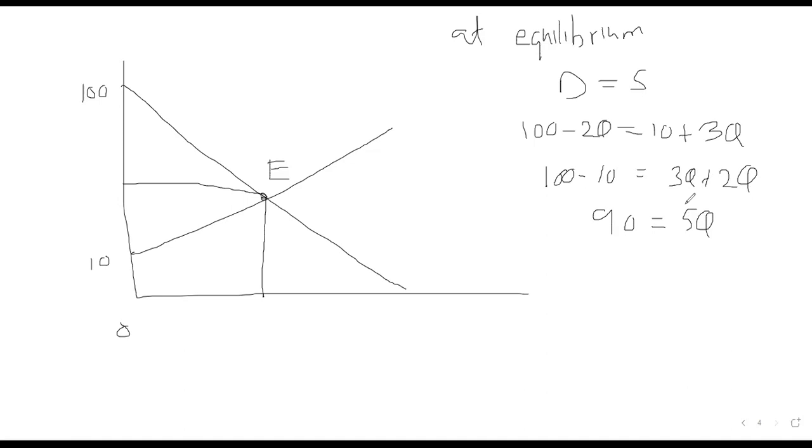So what do we do now? We solve for Q. What do we do on both sides? We divide by 5. What do we have? 18. So 18 stands for the equilibrium quantity. So here we put 18.